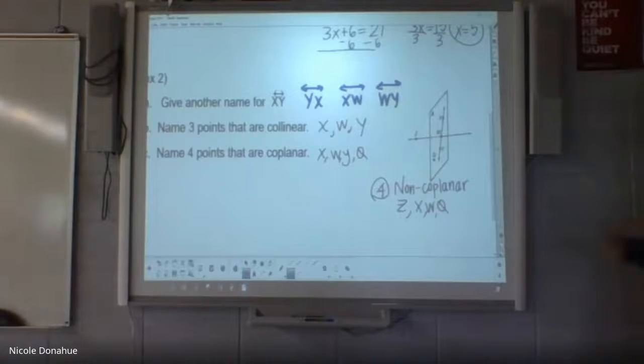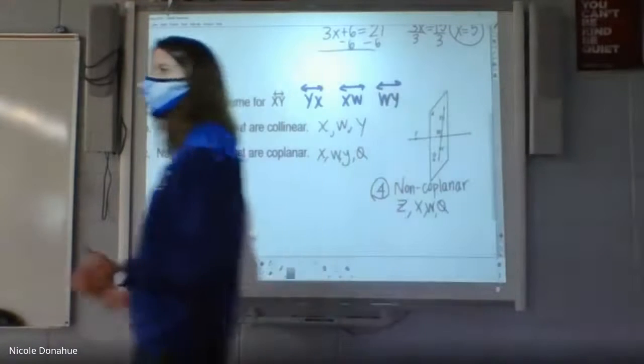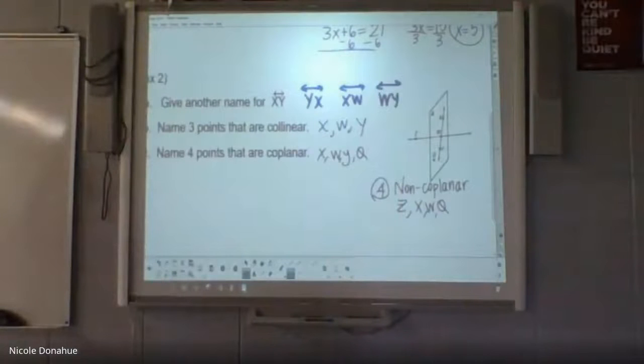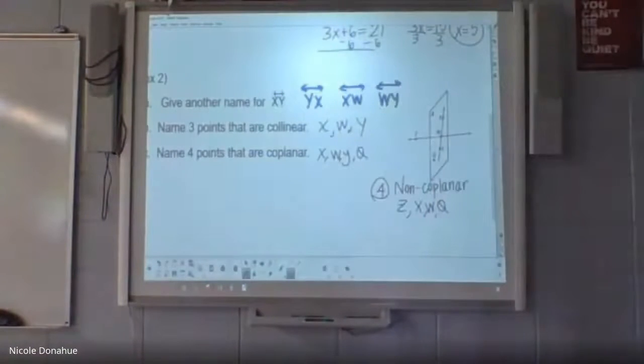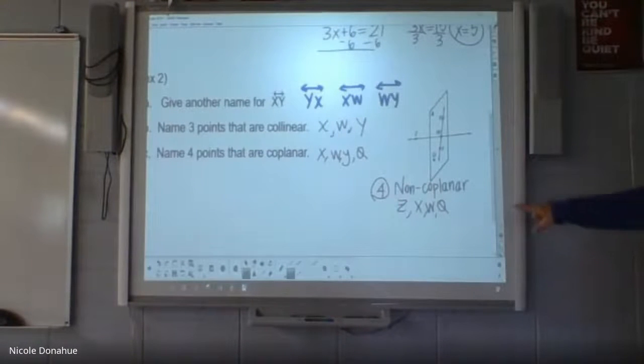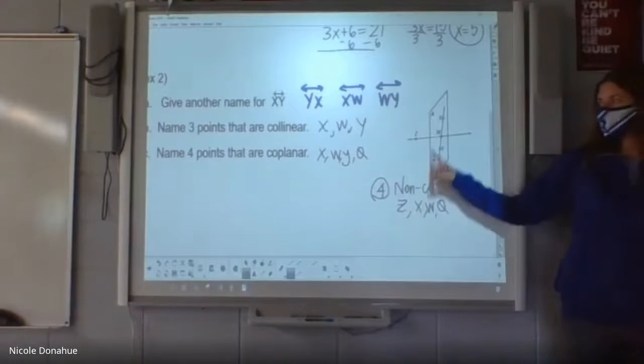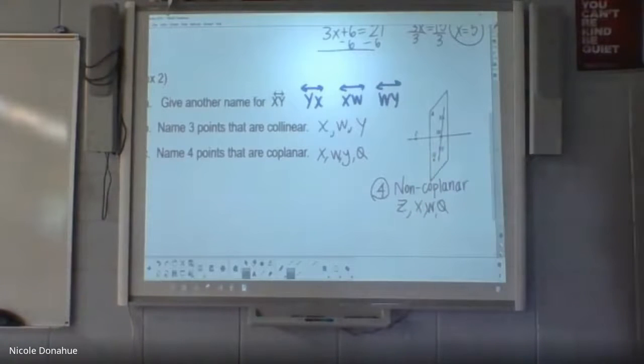It's like me walking into a room and saying, I'm going to assume you guys are all freshmen. And some of you guys are like, hey, wait, no. And I'll be like, no, but most of you are. That's not the case. The fact that we have people in here that make it not freshmen anymore changes the rules. So the minute we throw in that other point that's not on that plane, this group becomes non-coplanar.